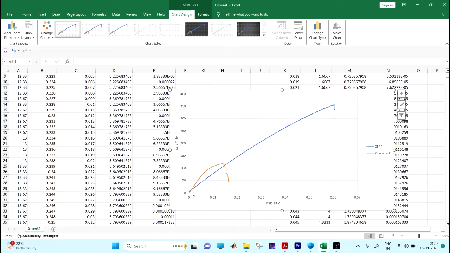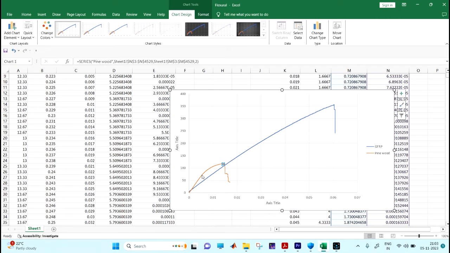You can see the pine wood. It is going to approximately 120 megapascal. I can click it here. How much value is it showing? It is showing 115 megapascal. That is the maximum flexural stress.